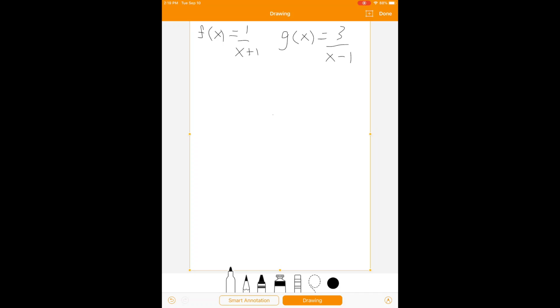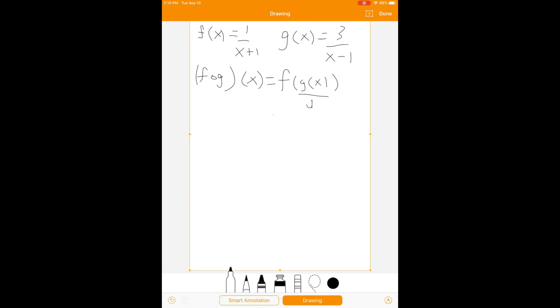We are going to find f of g of x. And then we are also going to find g of f of x. We'll find the reverse of that flipped. We're going to find this first, where the function values of g become our input for function f.